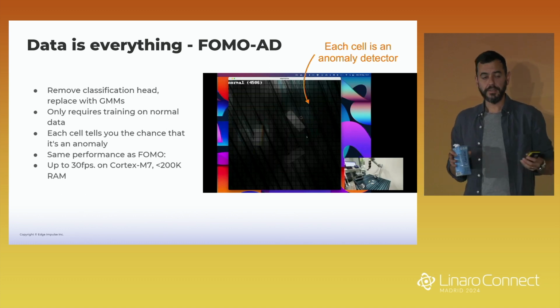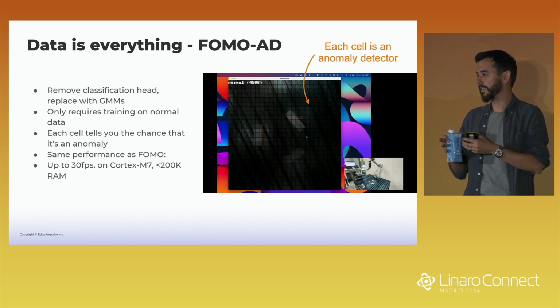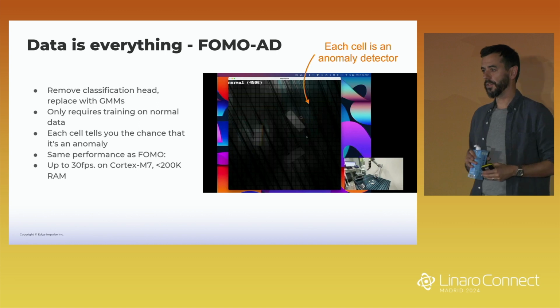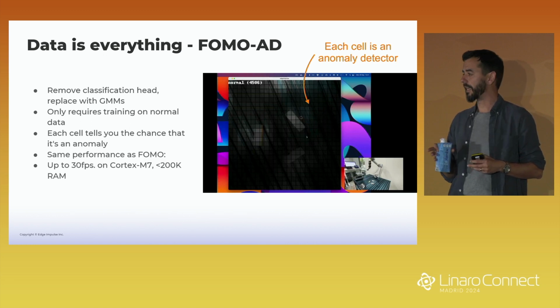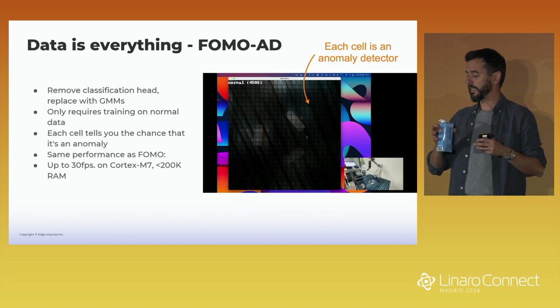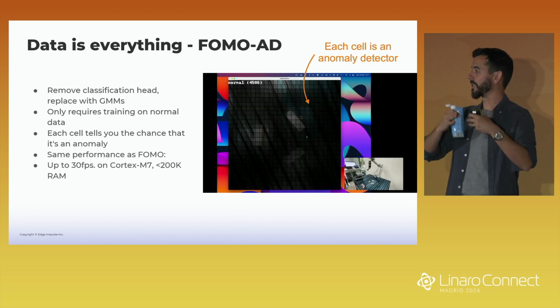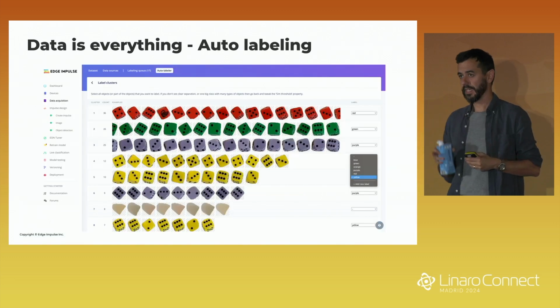But that doesn't work, because if it's bad data, it doesn't matter how much smarts, how many algorithms you put in, it's just not going to be good. So you have to help them by creating algorithms like FOMO AD, which is anomaly detection. Basically, it's an algorithm that doesn't need to see what is good and what is bad. It only needs what is good, and whenever something deviates from that, it will detect it.